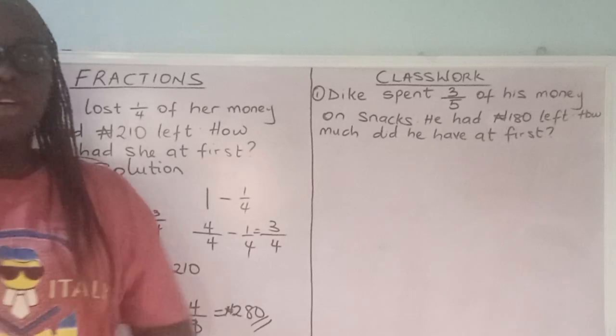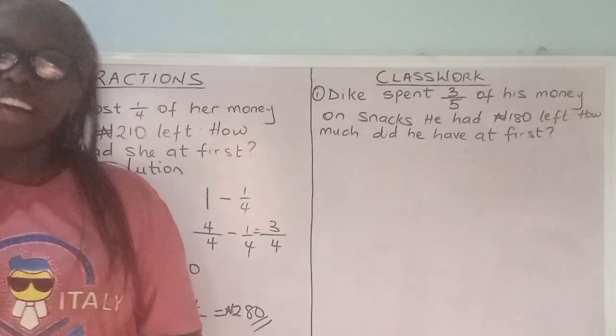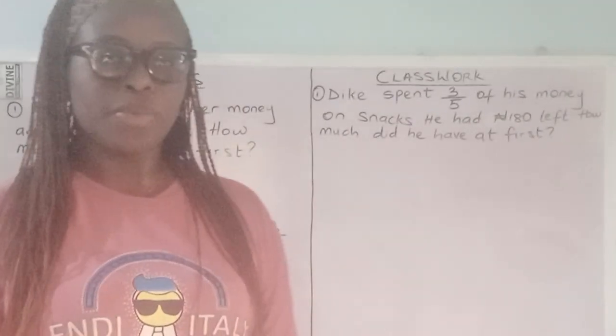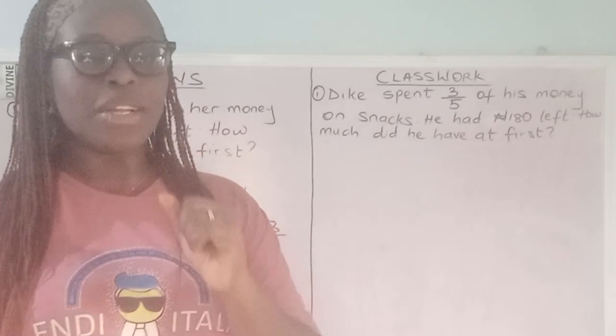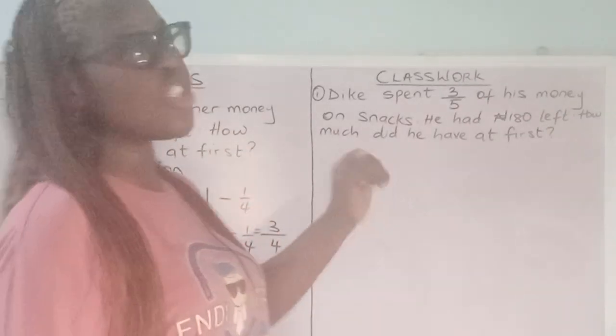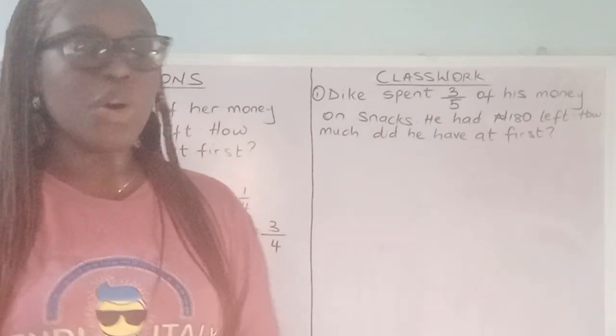That means that the total money she had initially was 280 naira. Did you get that? If you did, pause this video and solve this classwork. When you're done with solving the classwork, you can unpause the video and watch my solution of the classwork and confirm if you got it.